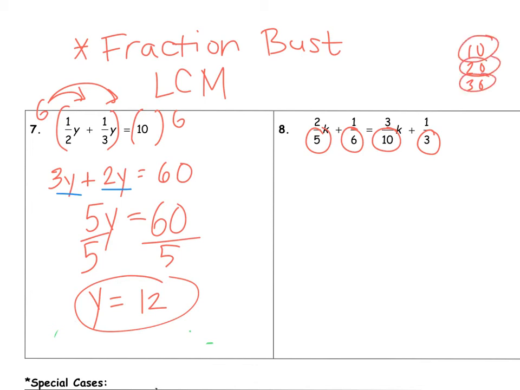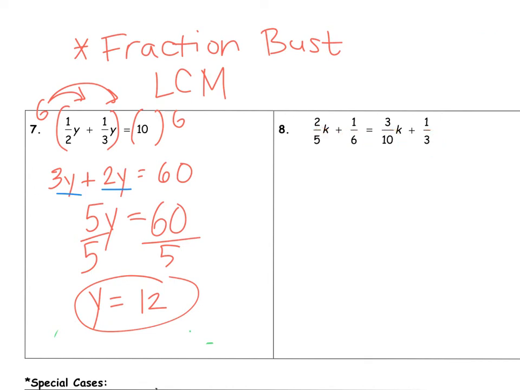So 5 goes into all of those. If I look at 6, if I'm counting by 6s, we have 6, 12, 18, 24, 30. So again, notice 30 keeps coming up, and then 3 also goes into 30. So 30 is going to be our least common multiple here.